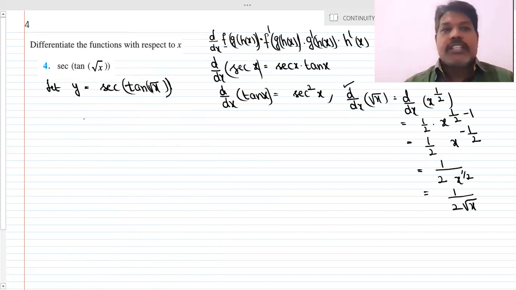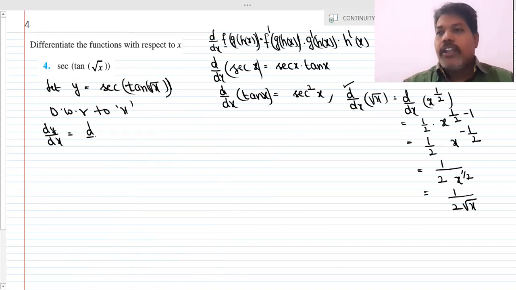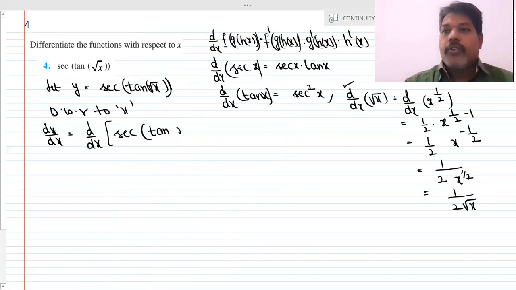See that one, students. We will do this question step by step, because three functions are there. First I will differentiate with respect to x. dy by dx is equal to the derivative of secant of tan of root x.